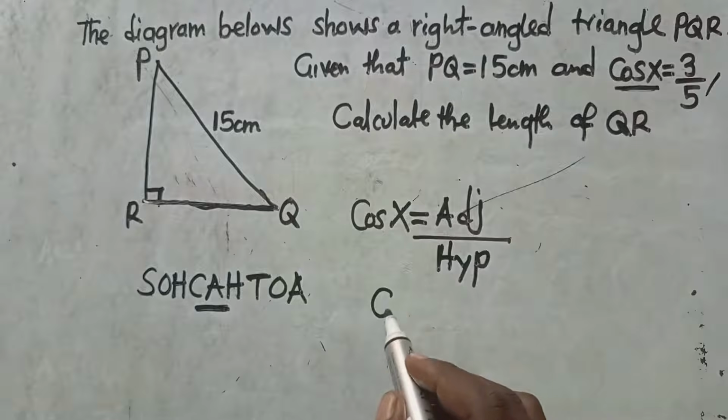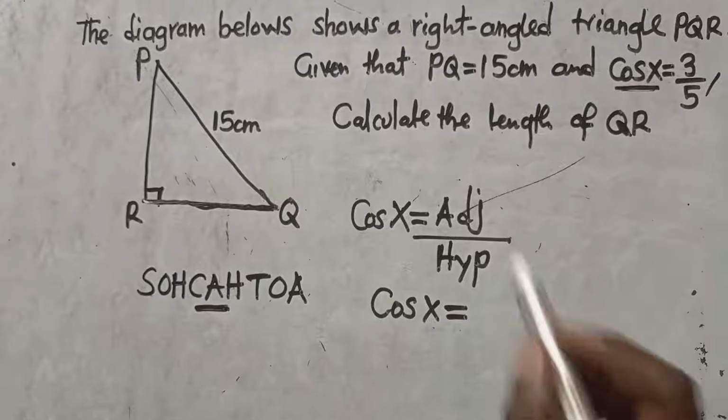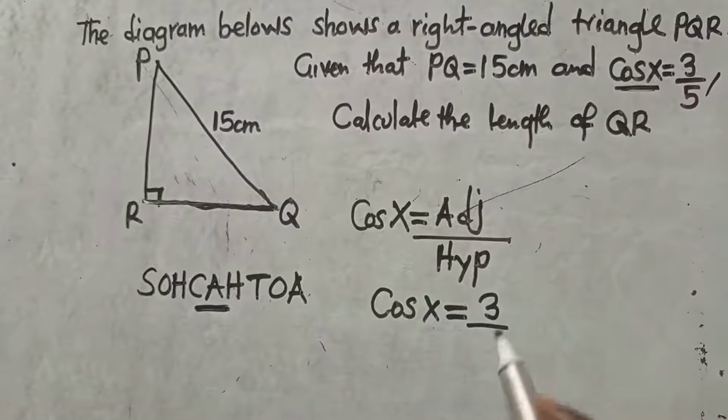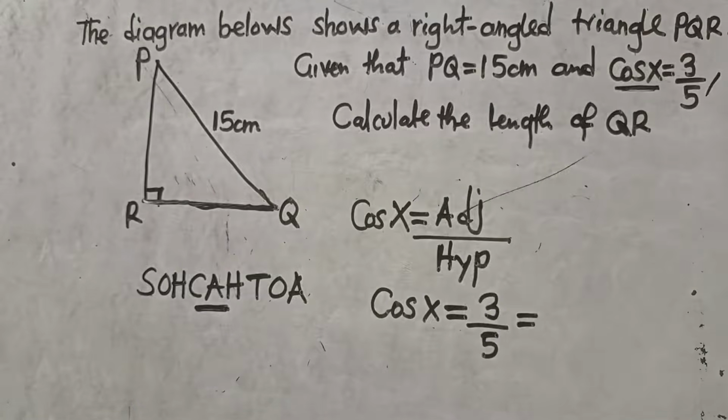And we are told that cos X is equal to 3 over 5.